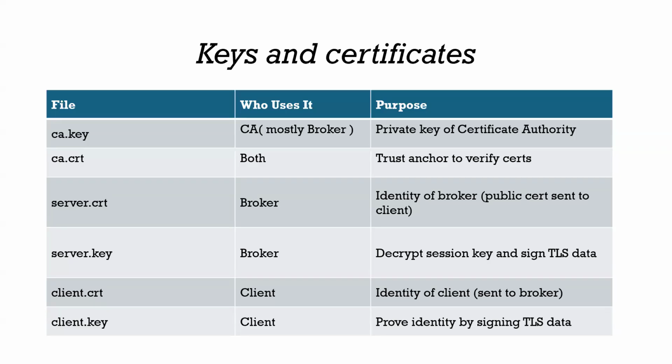After getting this, on our side we first generate, the sequence is wrong actually, first we generate the server key. The broker means the server basically, and these terminologies are used in IoT.